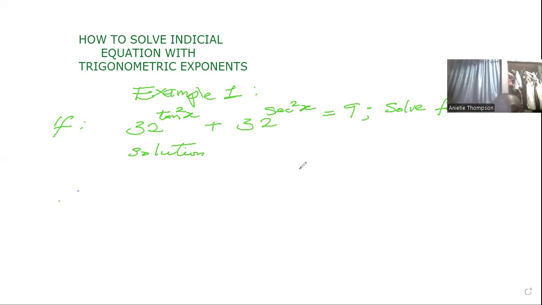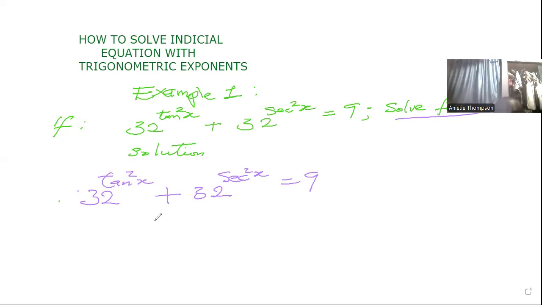All right. Without wasting much time. Anytime you encounter a problem like this, 32 raised to the power of tan square x plus 32 raised to the power of sec square x equals a value, and you are asked to solve for the value of x.